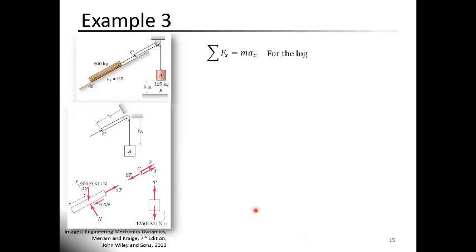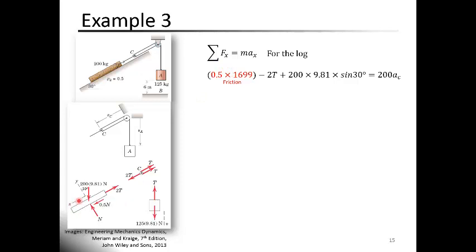We can now study the log in the x direction, where the summation of the forces in the x direction is equal to the mass multiplied by the acceleration in the x direction. There is an acceleration in the x direction here because the log moves up the ramp, but it doesn't move in the y direction. So our job again is to find all the forces in the x direction, considering that the positive x direction is going down here.